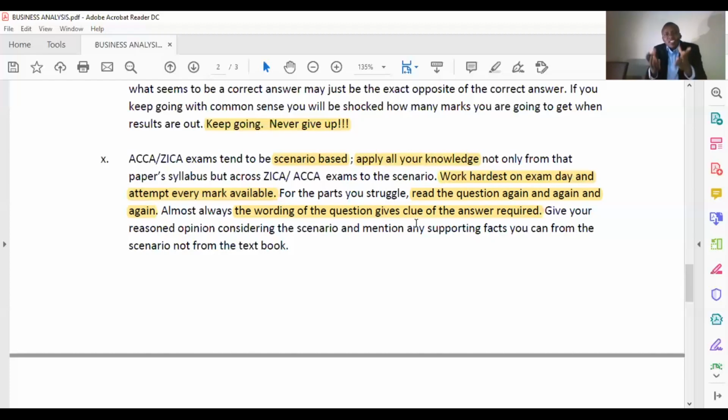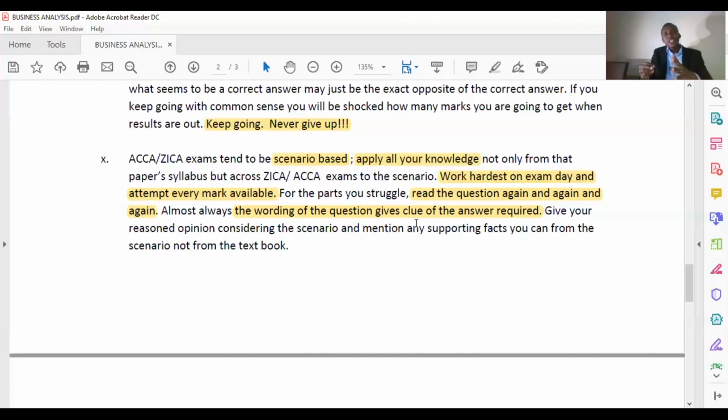But because it's strategic business analysis or business leader, the examiner will never be straightforward. It will always provoke you to use your common sense. And if you can't use your common sense, you must be sure it will be difficult for you to pass this particular exam. So be able to think about the situation and give your reasoned opinion.